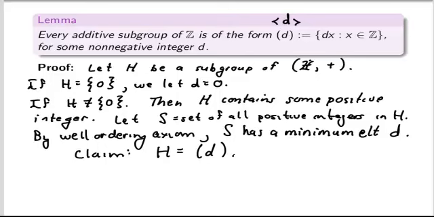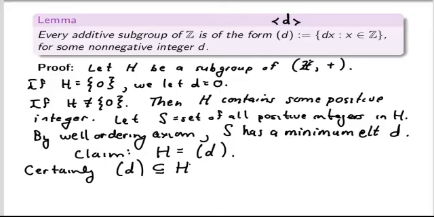Okay, so we need to show that H is both a subset of this cyclic group and that this cyclic group is a subset of H. And I claim one direction is trivial. So certainly the set of all multiples of d is contained in H.